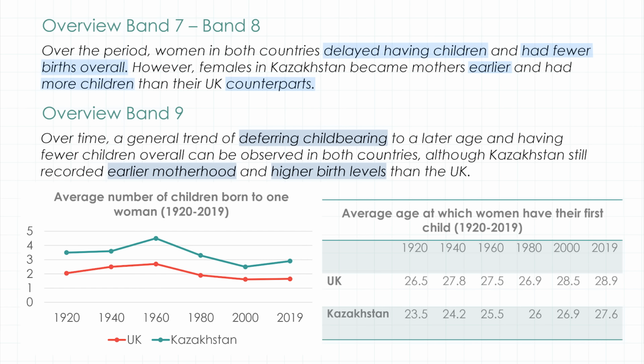Also, we use the passive voice with a modal verb, "can be observed." That's great for your score. And in this overview, we used a complex sentence with "although" instead of two separate sentences with "however." Although that doesn't really affect the level of difficulty, these are just two different options.